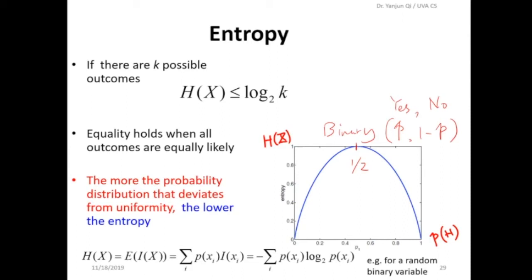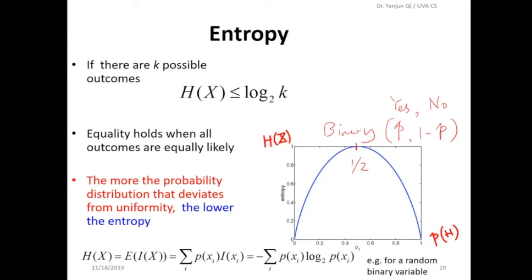Okay, so what does this mean? I already told you, I look for nodes that are purer, the better. If it's completely balanced, it's bad. If it's completely unbalanced, it's good. So what does this tell me? The middle point is completely balanced, and the two sides are completely unbalanced.